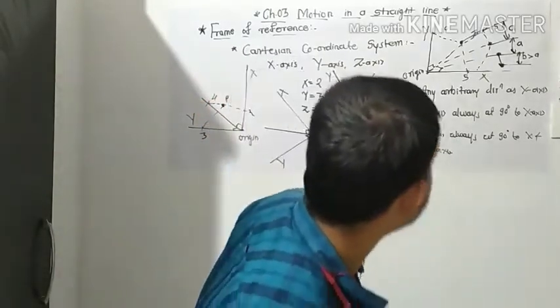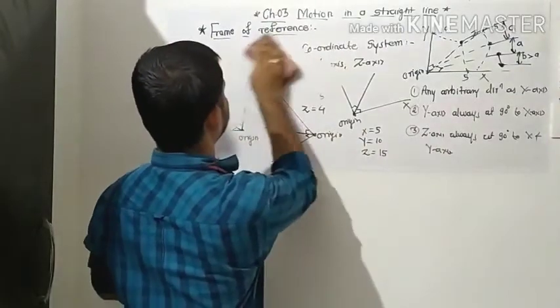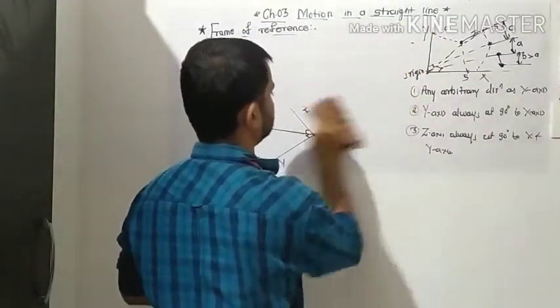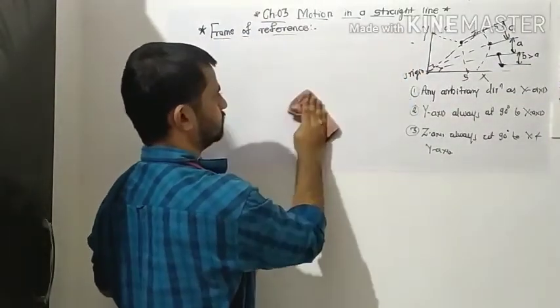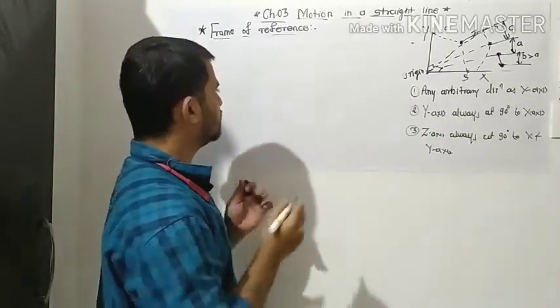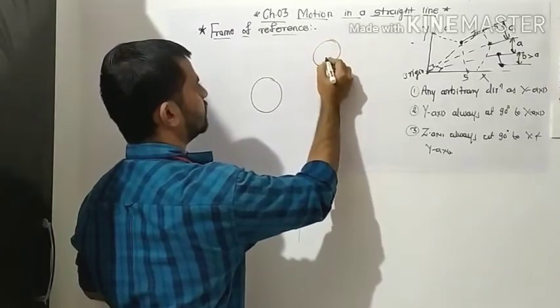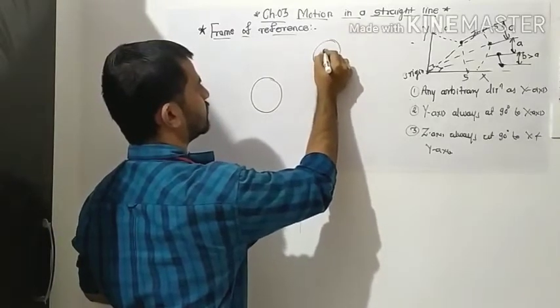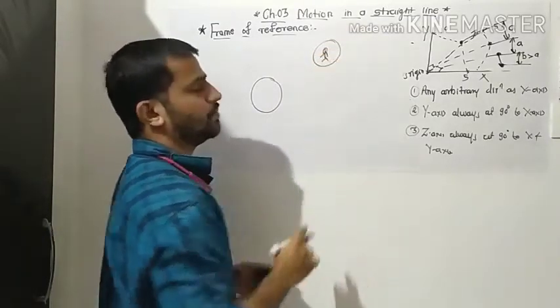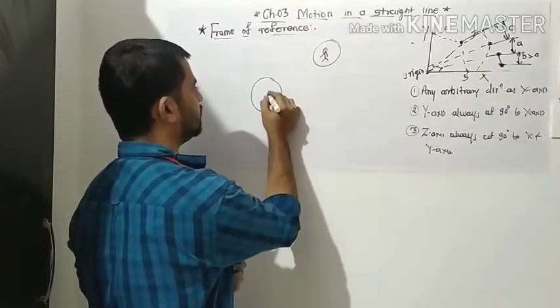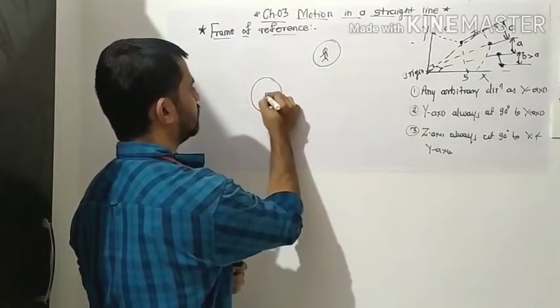Suppose this is the earth, this is Mars, and the person is at Mars, observing the earth.